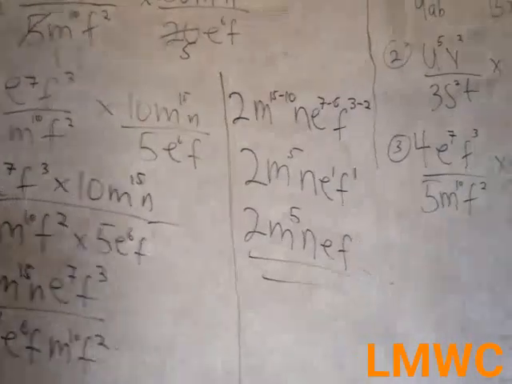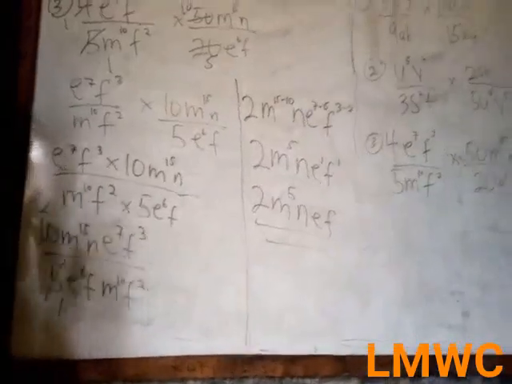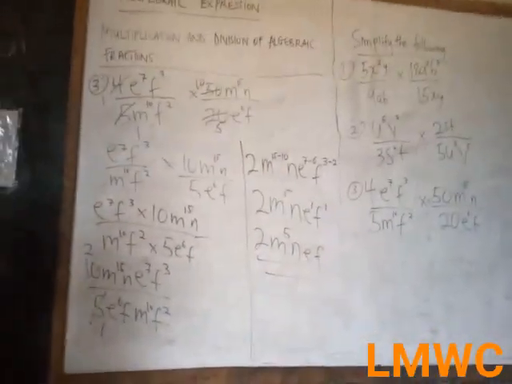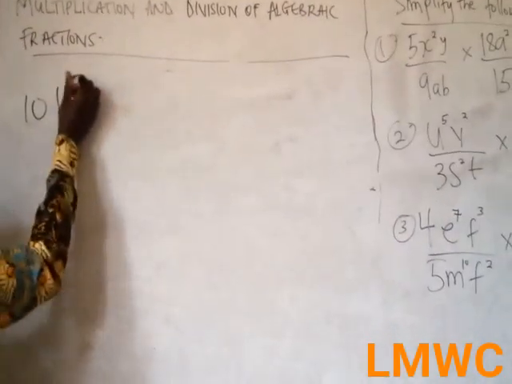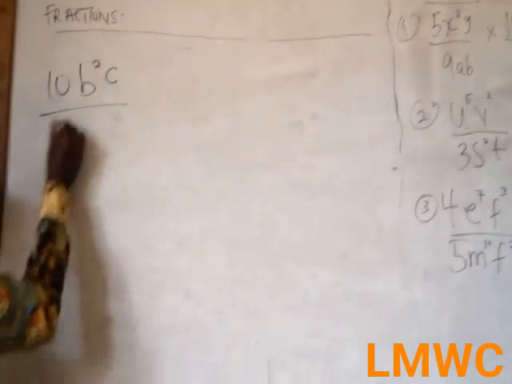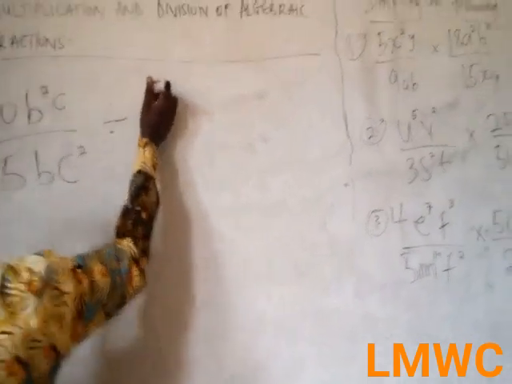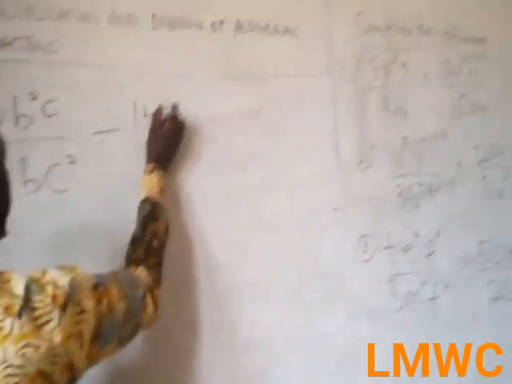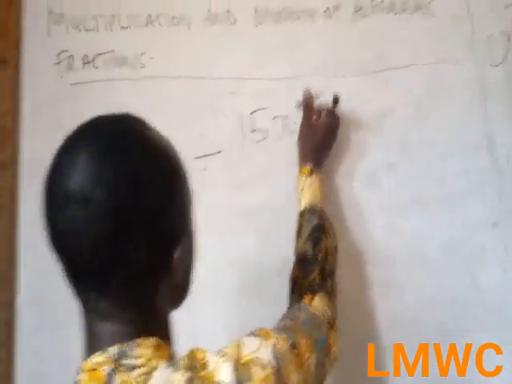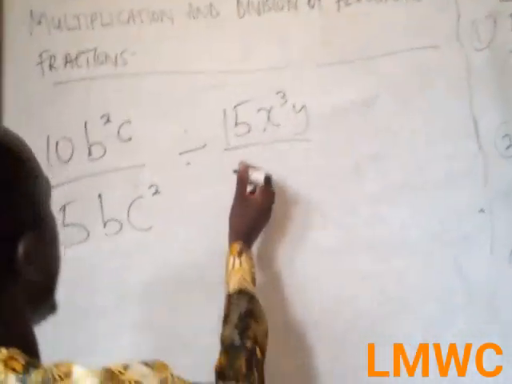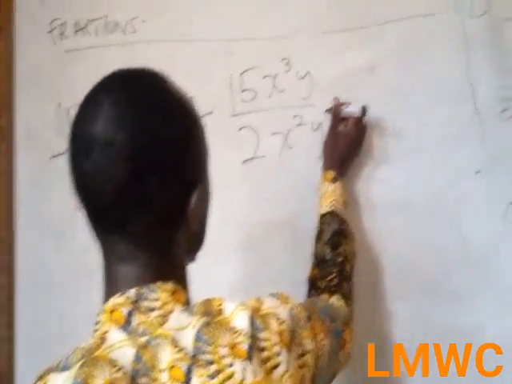So you see the indices approach. Once you know the principle and rules for indices, it becomes very simple. It's not difficult. So if I gave you something like this, 10b^2 c over 5b c^2 divided by 15 x^3 y over 2x^2 y^5.